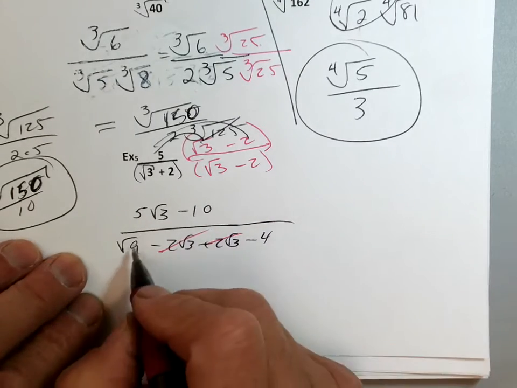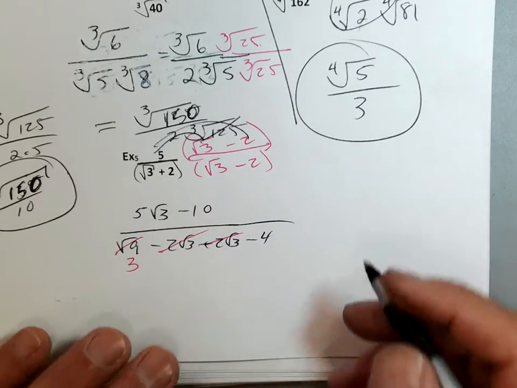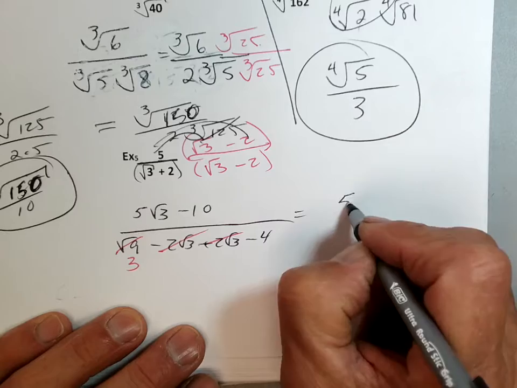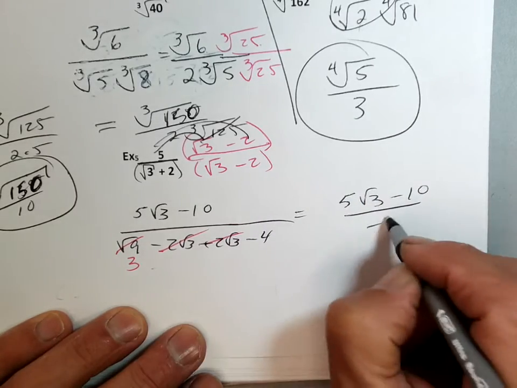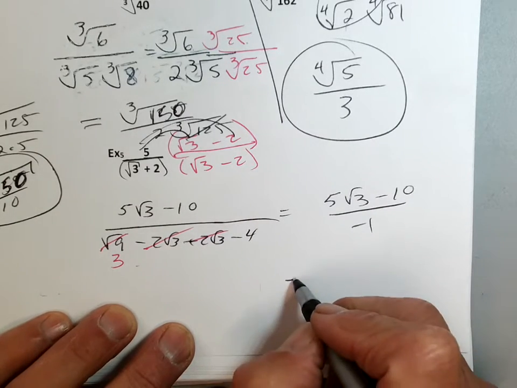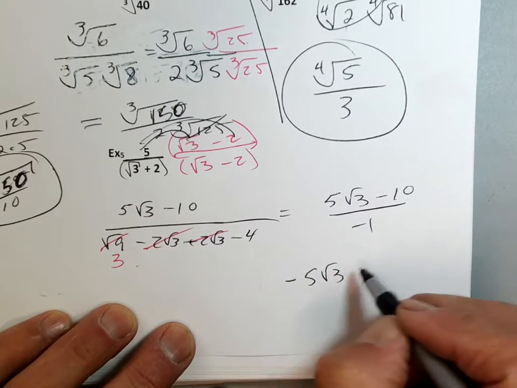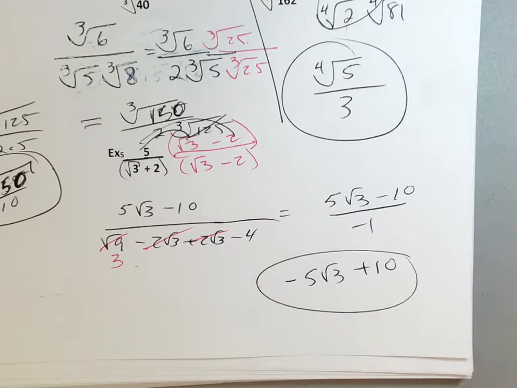Square root of 9 is a 3. Let's see what I get. 5 square roots of 3 minus 10 over negative 1, which is okay, but I like this answer better. I just divide everything by negative 1. You okay with that? Was that easier?